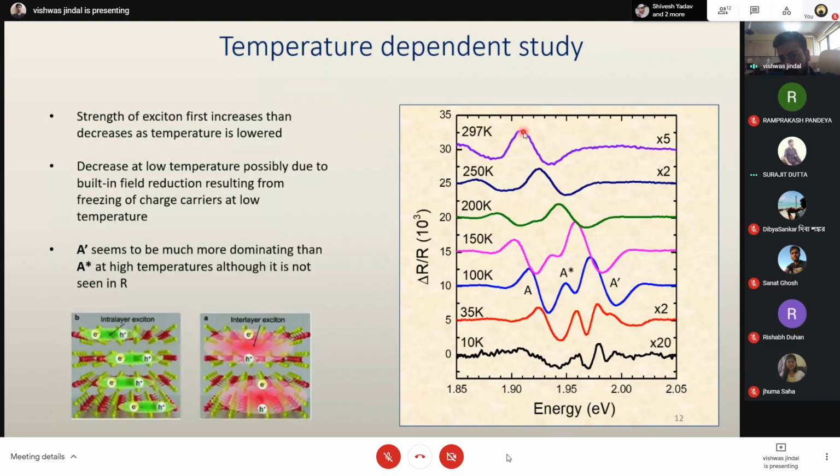So let's say from 300 Kelvin you went to 100 Kelvin, and you see a shift of roughly 300 or 400 or even 500 meV? No, not 500, 50 meV. Sorry, 50 meV.